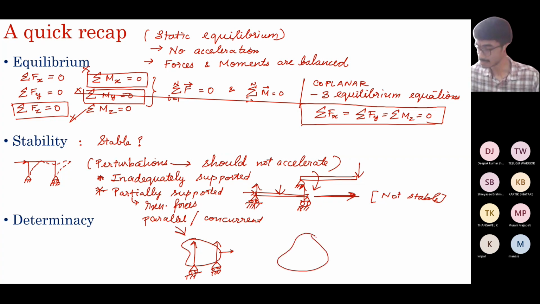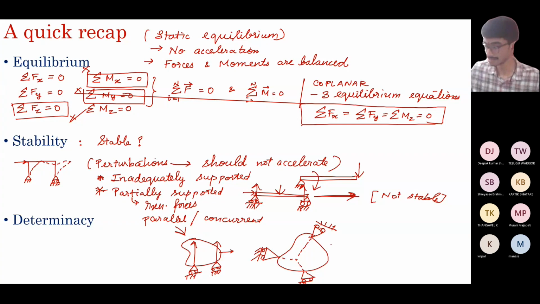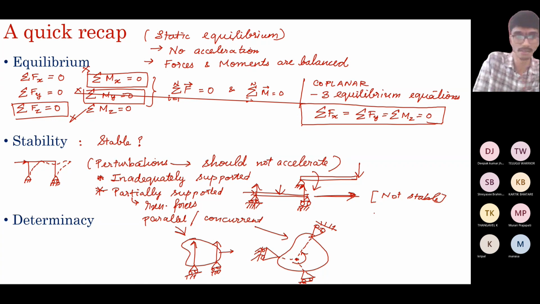Or if you have concurrent reaction forces, you take the structure. So it seems that it can easily satisfy it. It will remain stable under any applied force. But if you apply a moment about the point of intersection, it will freely rotate. So if you have concurrent reaction forces or parallel reaction forces, the structure is unstable. So this can be used as a check to identify stable and unstable structures.